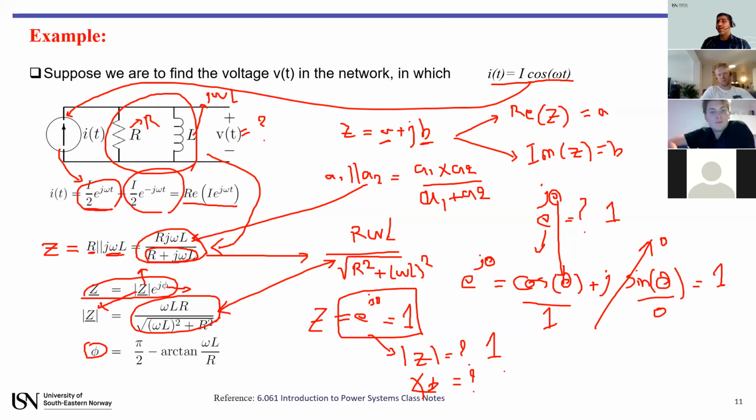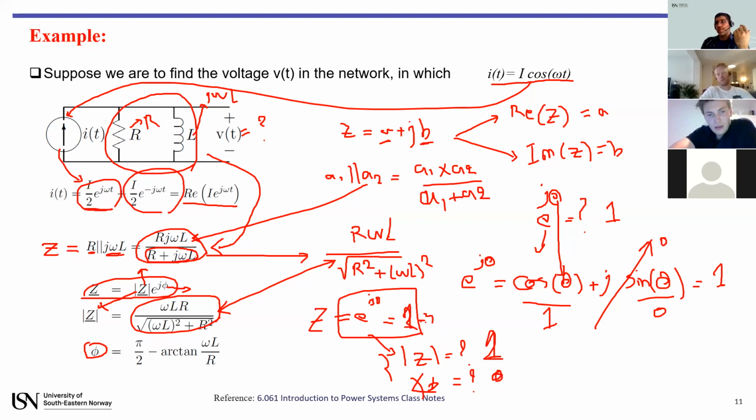0. Yes, it is. So every real value, you have to remember, has the amplitude same as that value, with the 0 phase. For example, if it was 2, the amplitude will be 2, the angle will be 0.